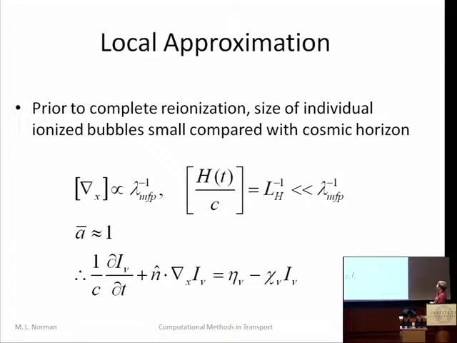However, one can quite generally make a local approximation and get back to the familiar equation. So how does this work? Well, prior to complete reionization, the size of individual ionization regions are small compared to the cosmic horizon.